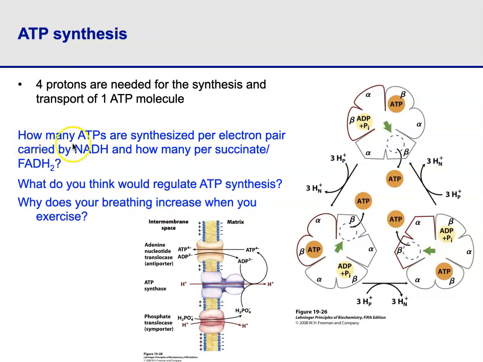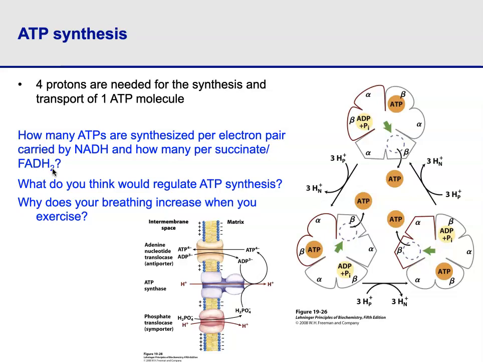Alright, so how many ATPs are synthesized per electron pair carried by NADH, and how many per electron pair donated by succinate/FADH2?